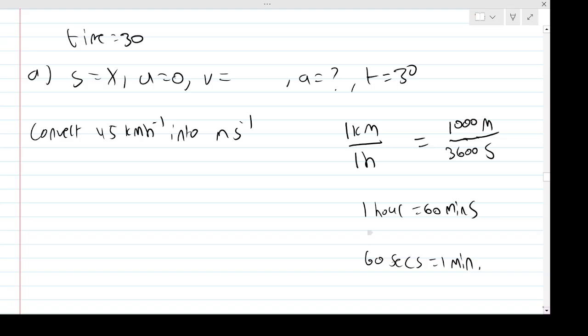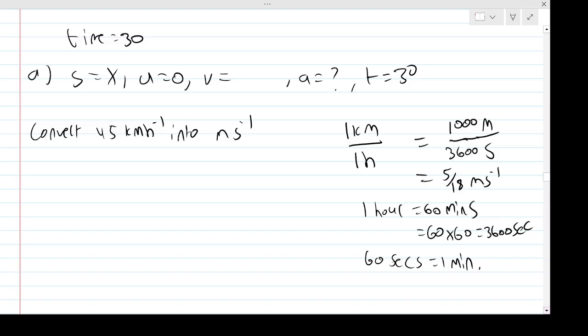So therefore, to get 1 hour in seconds, in every minute there's 60 seconds, so for 60 minutes we do 60 times 60, which is 3,600 seconds. Hence, 1 hour is 3,600 seconds. This is my conversion factor. So then if I simplify the fraction, 1,000 divided by 3,600 is 5 over 18 metres per second.